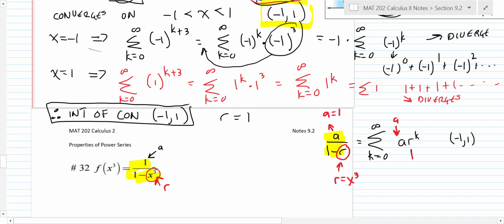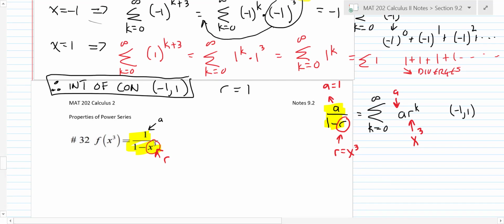So you're going to replace r with x to the third, and then write out what we have now. You have to find the connection. a is 1, and r becomes x to the third. So that's equal to the series k equals 0 to infinity of 1 times x to the third to the k.